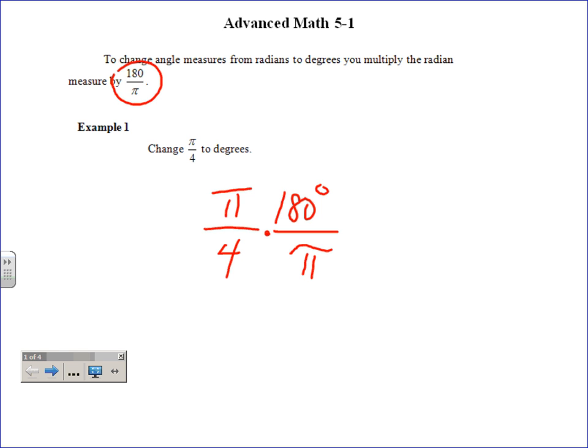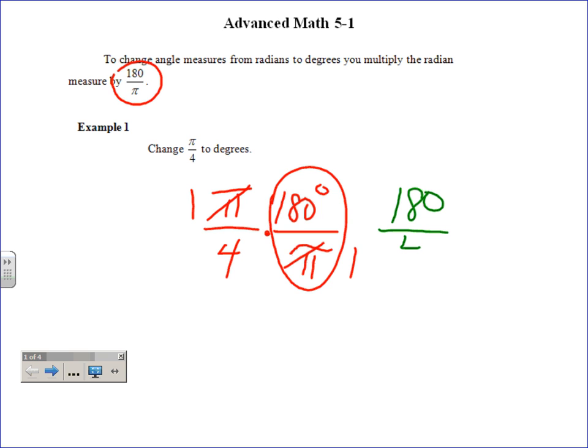So we are multiplying, technically, by what as far as the unit circle is concerned? 1. Can you do that? Yes. Does it change value? No, it changes appearance. Okay. So these do cancel. So it's 1 and 1, right? So 1 times 180 on top is 180. 4 times 1 on the bottom is 4.